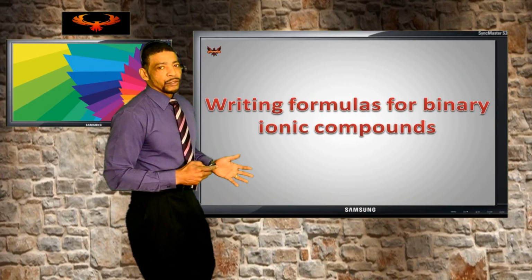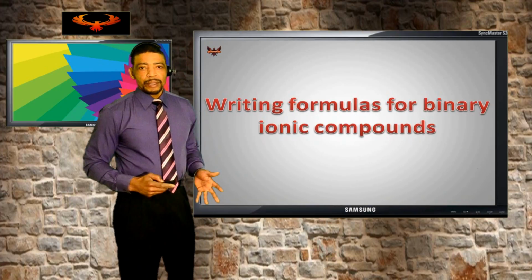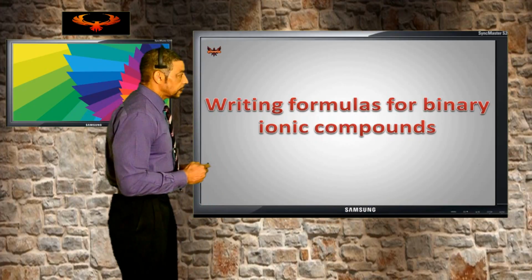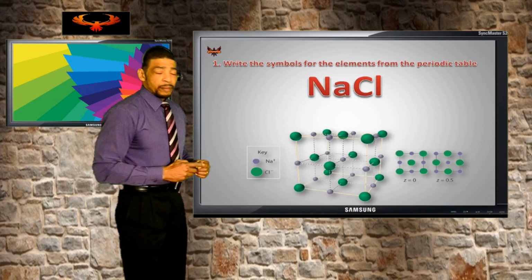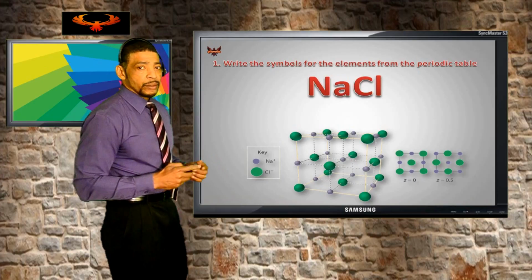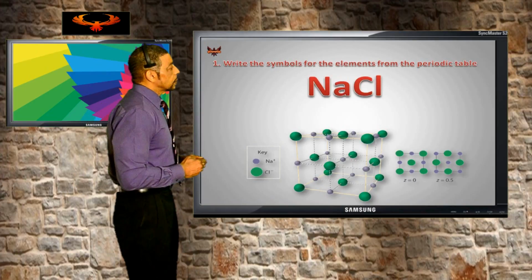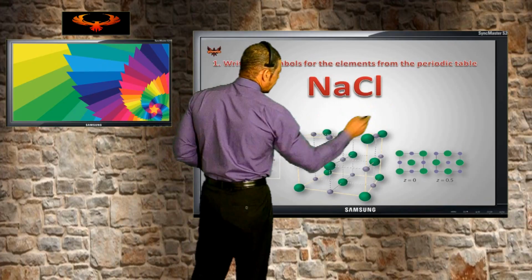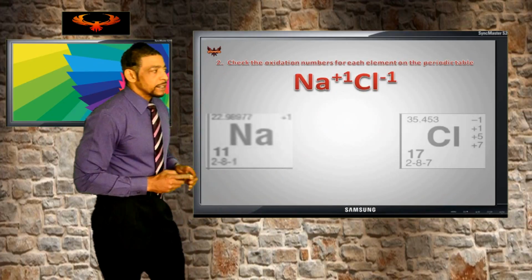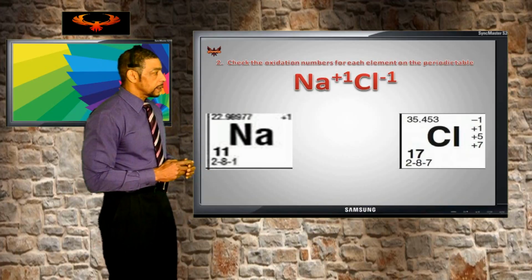When writing formulas for binary ionic compounds, always refer to the periodic table. Write the symbols of the elements from the periodic table first. For example, the formula for sodium chloride will begin by writing NaCl. Now check the oxidation numbers on the periodic table.